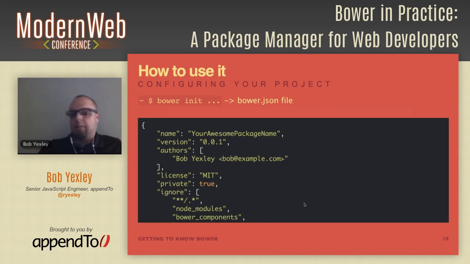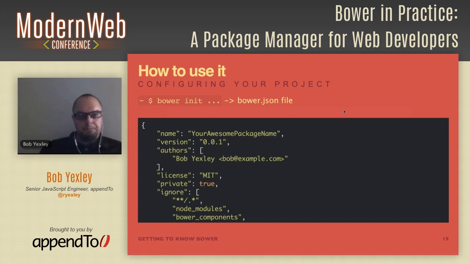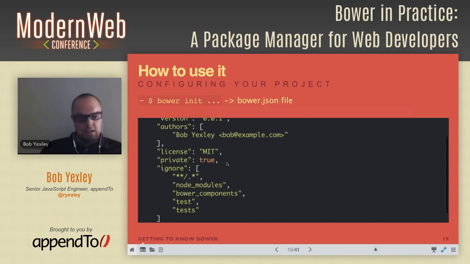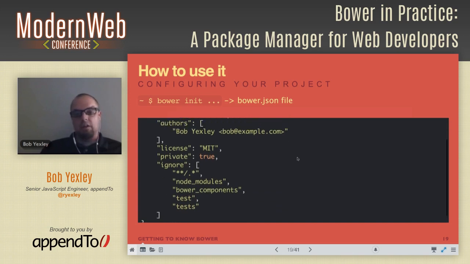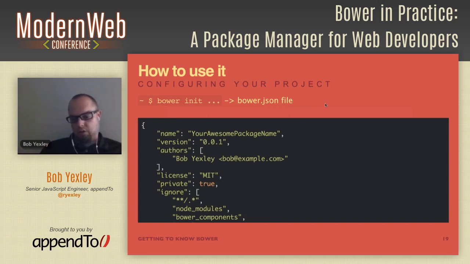You can just create a bower.json file in your project and enter the information that you need in it, but it's so much simpler to just go to a command line, run Bower init. It prompts you with a bunch of questions like your name, the version that you want to start with, the author, the license, all of this stuff, and it generates a bower.json for you in seconds. It's a super easy, quick and easy way to get going to configure your project to use Bower.